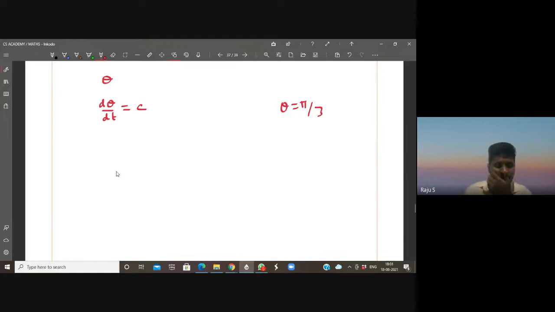And what is the given data, students, here? Now we have to differentiate. When I differentiate tan theta with respect to t, what is the derivative of tan theta?